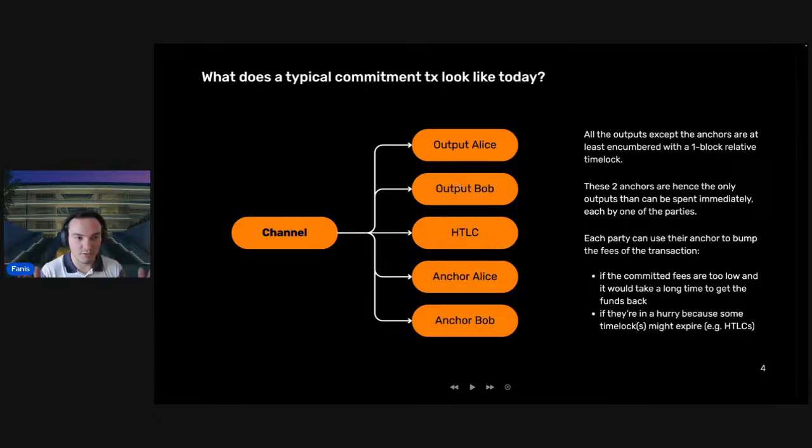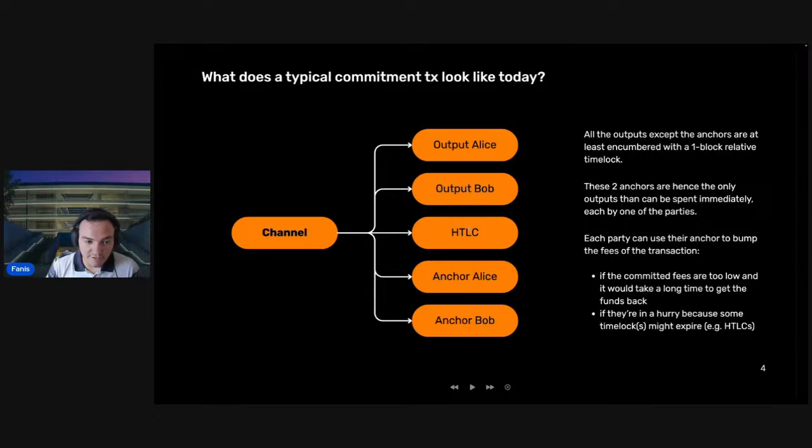So, for example, if the channel partners are named Alice and Bob, which is the common example that we are taking a lot of the time. And then if there is any in-flight payment inside this channel, you'll have one or many HTLC outputs. So you have one HTLC output per in-flight payment.